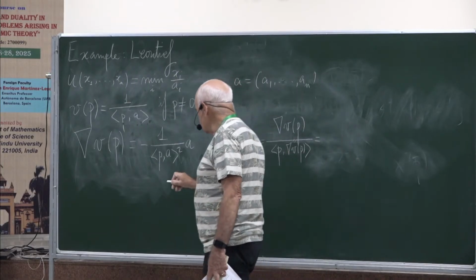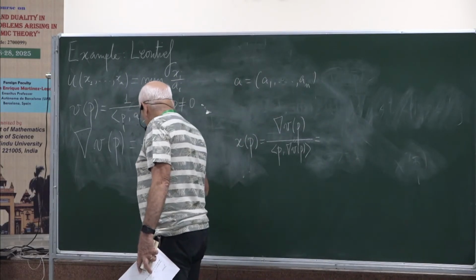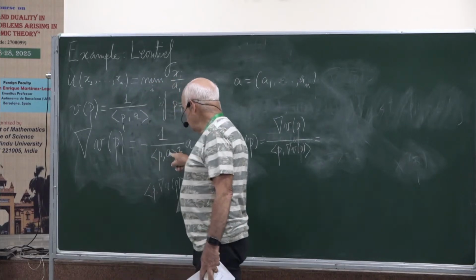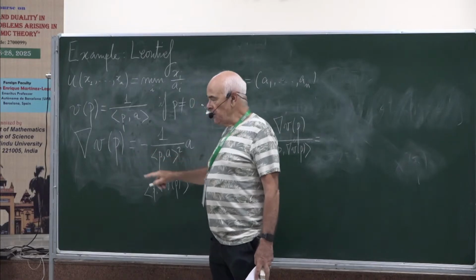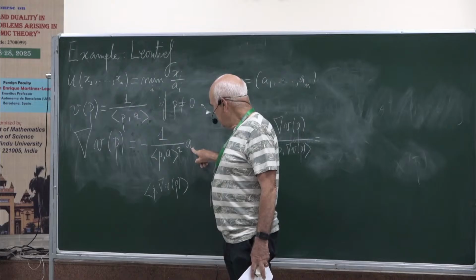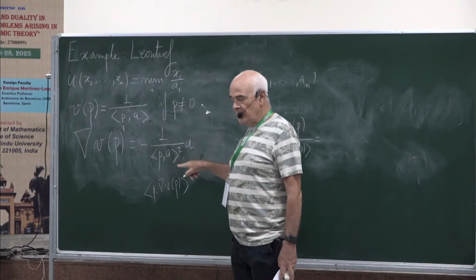What is P product gradient of V of P? If we make this multiplication in this equality, we get this scalar times PA, which cancels one of the PAs in the denominator.